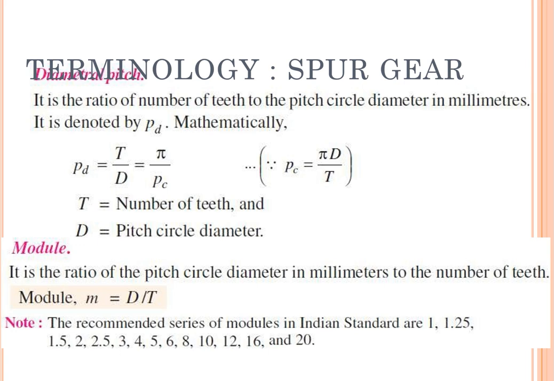It is the ratio of the pitch circle diameter to the number of teeth, that is, small m is equal to capital D divided by T. The recommended standards for module are 1, 1.25, 1.5, 2, 2.5, 3, 4, 5, 6, 8, 10, 12, 16 and 20. Like this, different modules are considered for the spur gear terminology.